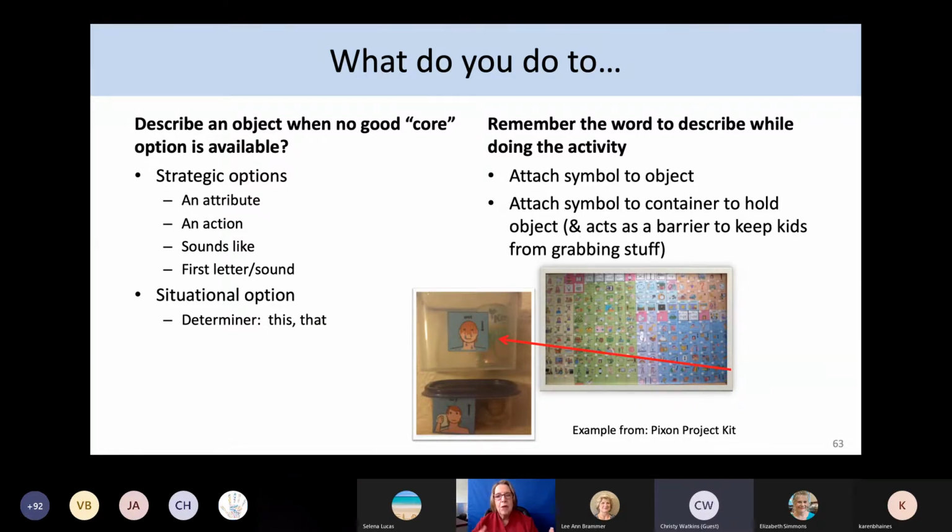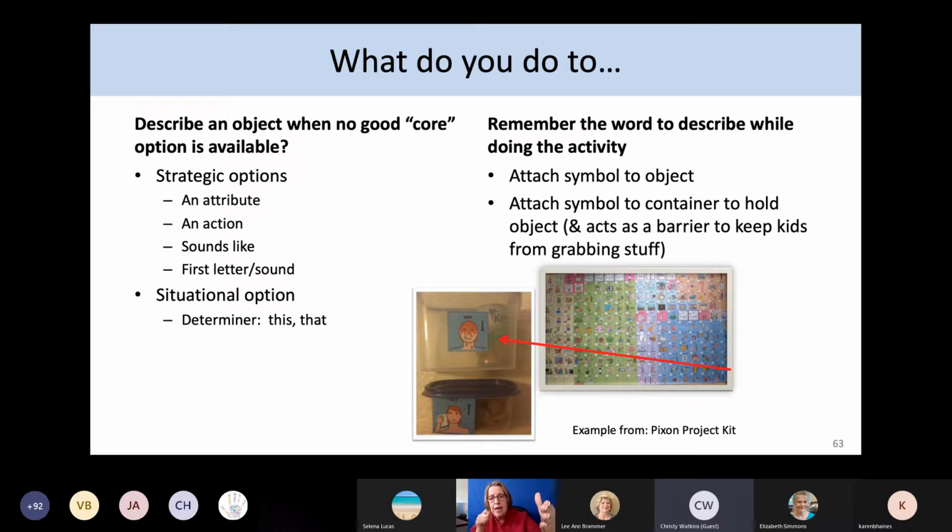And the strategy that I would have done in the making of the cake is to say, I'm going to take a symbol off of this board. And let's imagine for the cake mix, we decided to use the word dry. So I pulled the word dry off there. And that cake mix is going to go inside a clear box that's got a little Velcro tab on it. And I'm going to Velcro the word dry onto it. And then the oil or the eggs are going to go into another container.